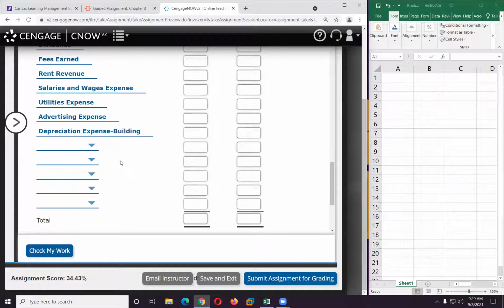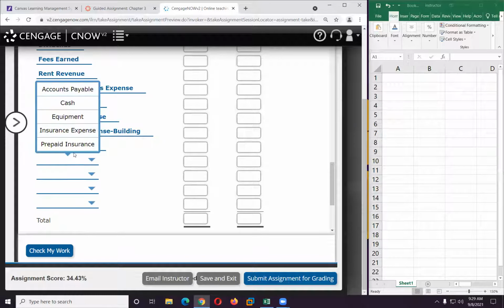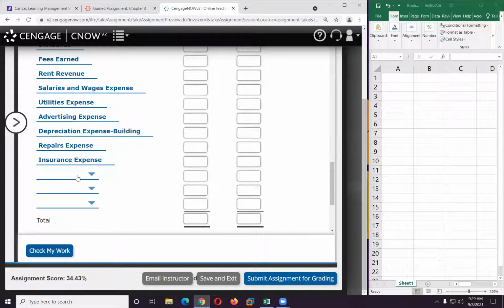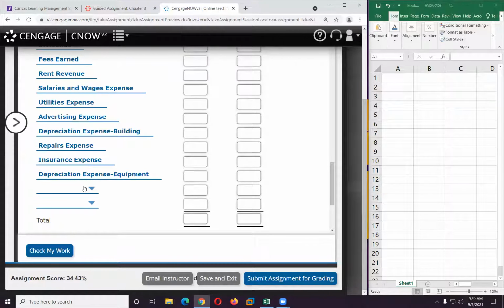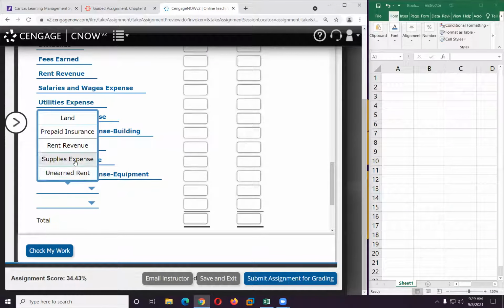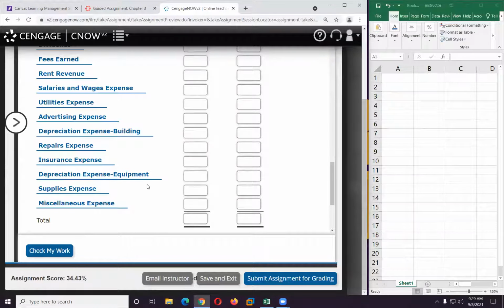Depreciation expense on the building, repairs expense, insurance expense, depreciation expense on the equipment, supplies expense, and miscellaneous expense. So we've got all of our account names in our adjusted trial balance.